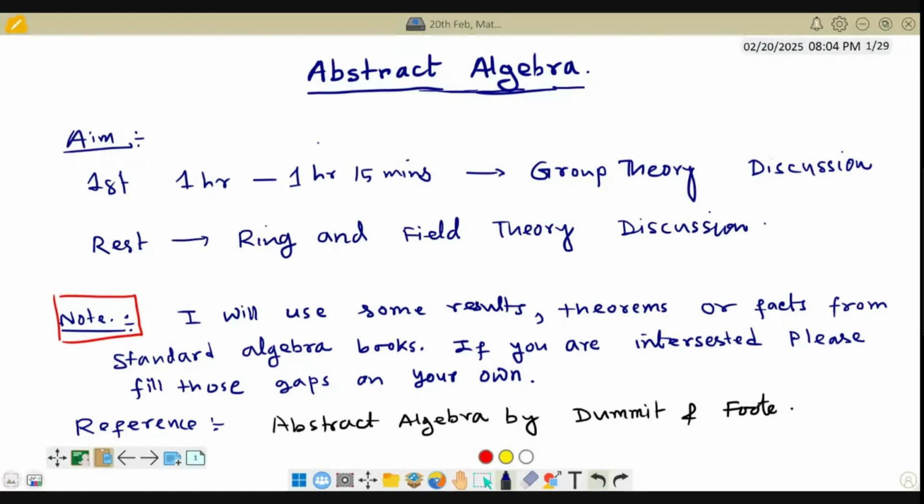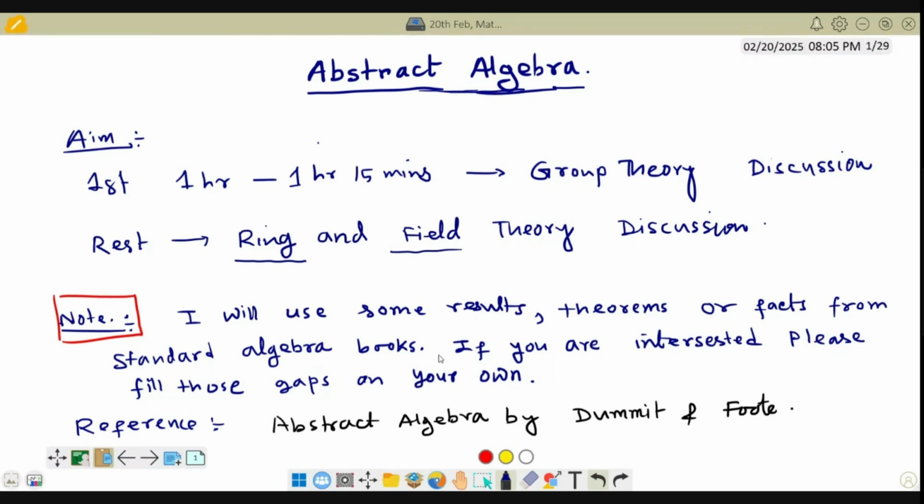Okay, let me share the screen. I'm planning to discuss group theory first. I'll discuss some concepts and do some MCQ problems. After that, for the last 45 or 50 minutes, I will cover ring theory and a little bit of field theory. It's difficult to cover group, ring and field in one session, but I will try my best.